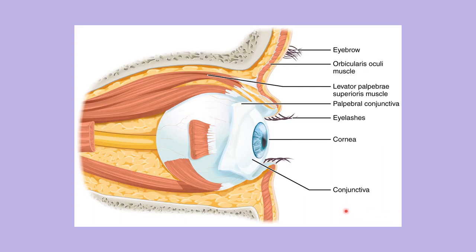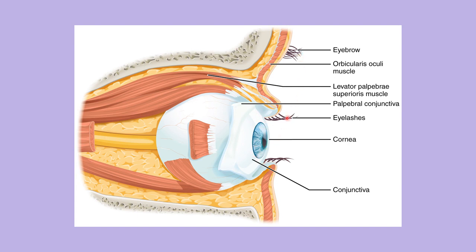So when you look at this diagram, a side view of the eye, you can see that most of the eye is actually within the orbit, within that space that's protected by bone. You've got a lot of fat around it. All of this is to protect the eye. You are only actually seeing a small portion of the eye.